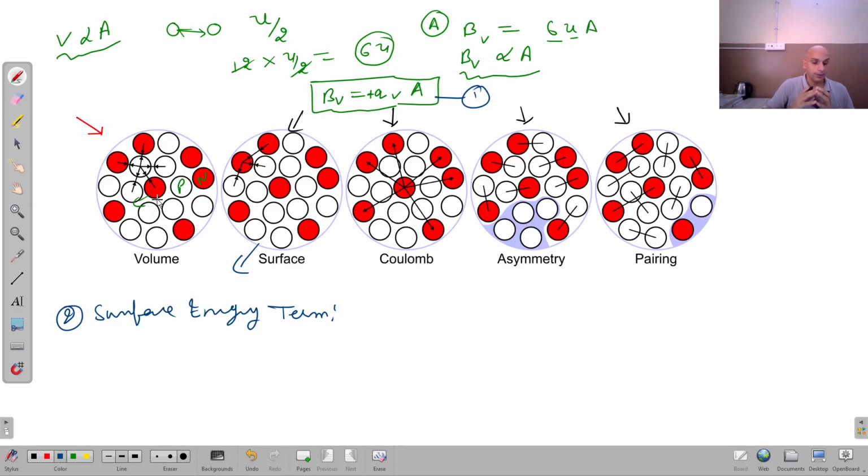But rethink about it. Those nucleons which are present on the surface, like this one you can see here, will not have exactly 12 neighbors, but they will have fewer neighbors because they are not present inside the nucleus, they are present on the surface.